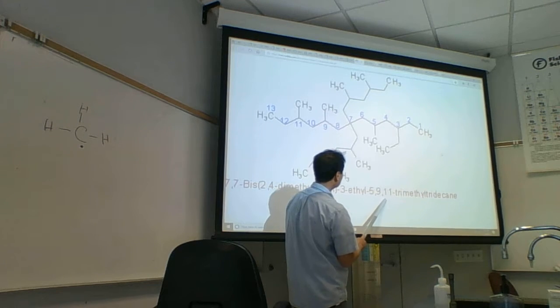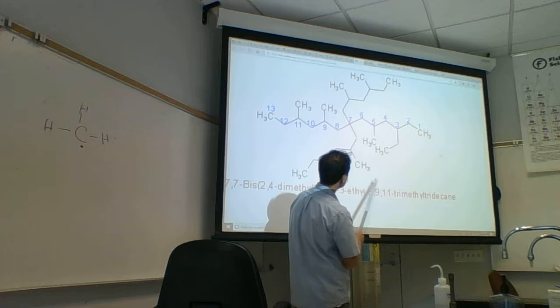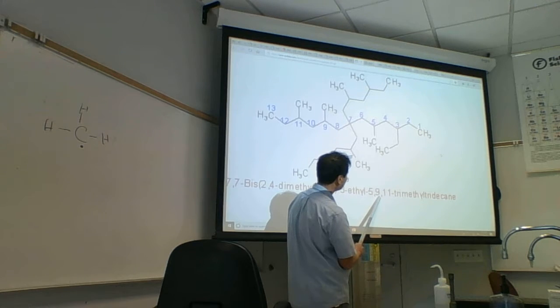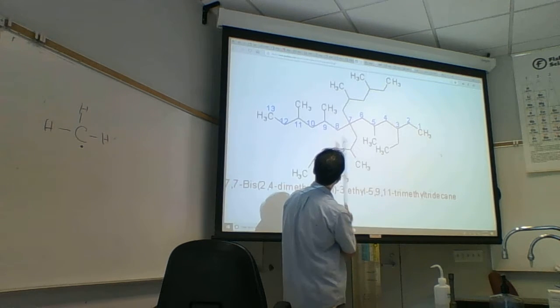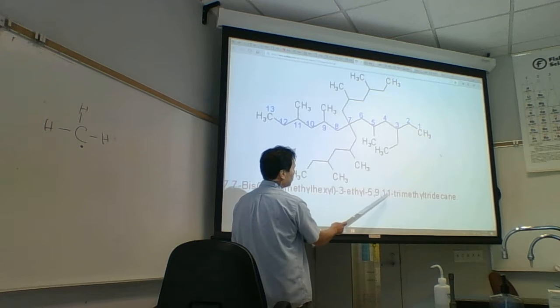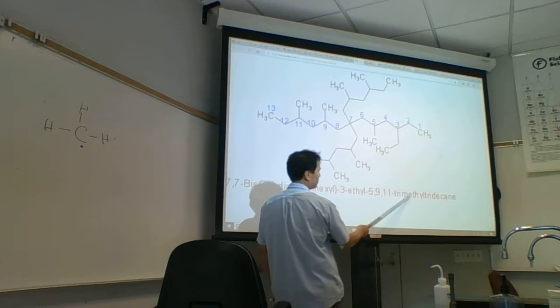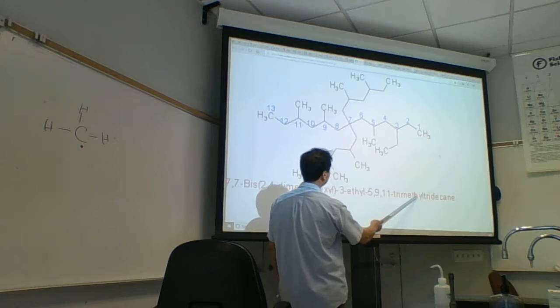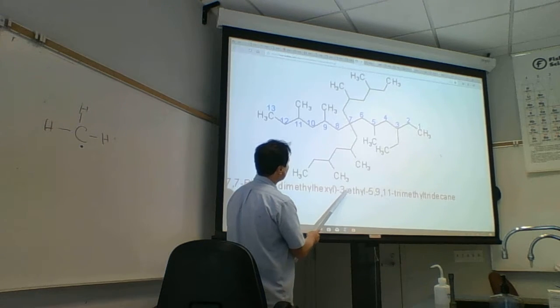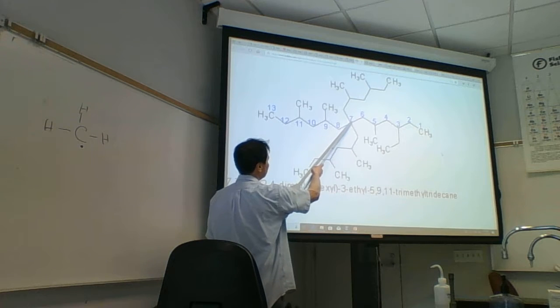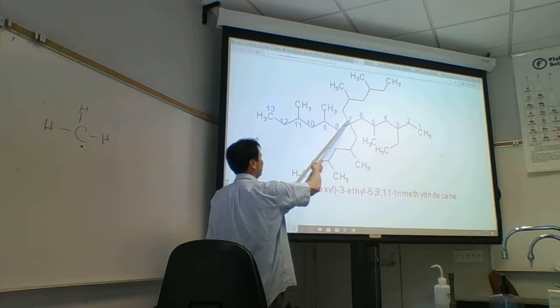It looks like there's more of them here. So that's carbon number 5. There should be another one on carbon number 9. Do you see it? Here, and one more on carbon number 11. So that's 3 methyls or trimethyl. Carbon 7 has 2 interesting groups here. Do you see carbon 7?